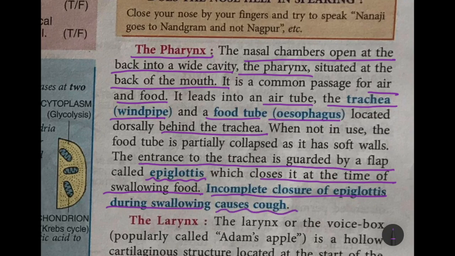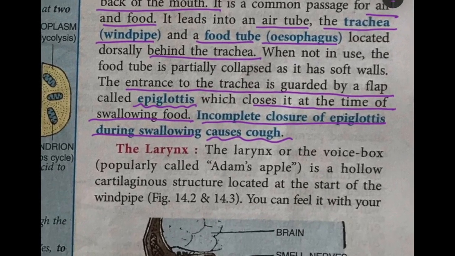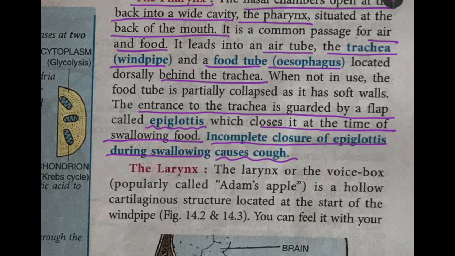So that is your pharynx, the common opening for the air as well as food. Next we have the larynx. The larynx is also known as the voice box, and popularly it is known as Adam's apple, which is very prominent in the males. You can see it. Actually, it is a hollow cartilaginous structure, made up of cartilage.